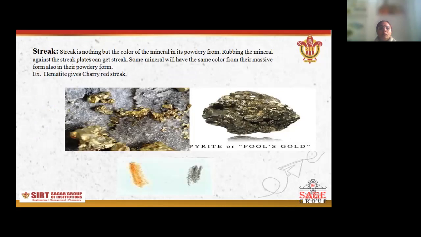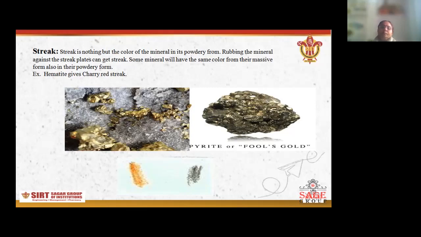Now, I think you already know about color: the natural color that occurs in the mineral is its own natural color, and we identify minerals by these colors. And you already know streak. What is a streak?